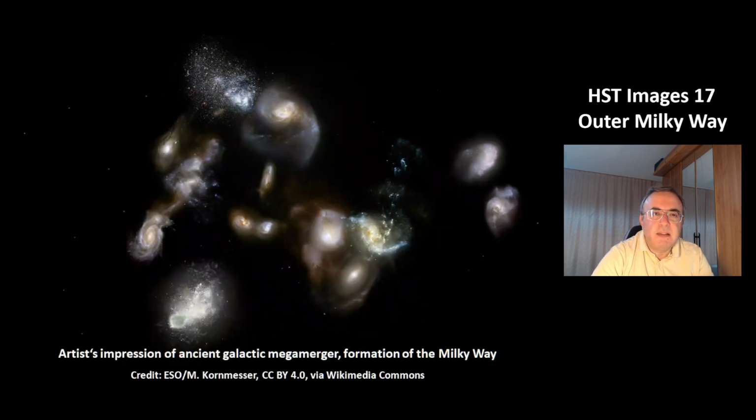And this is a nice artist's impression of how the bigger galaxies were produced by an ancient galactic mega merger. Several small galaxies merged, and this led to the formation of big galaxies like the Milky Way Galaxy.